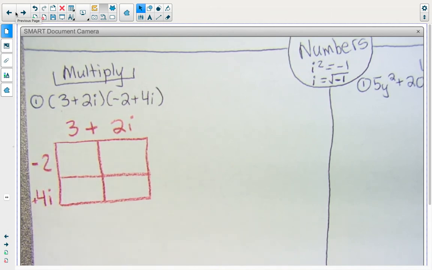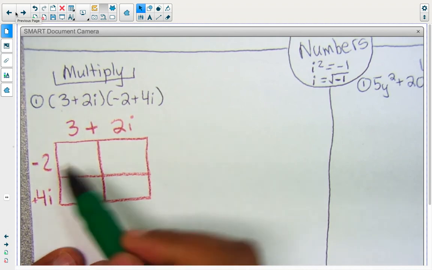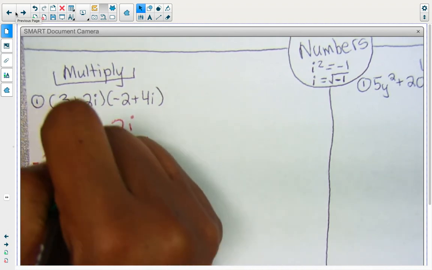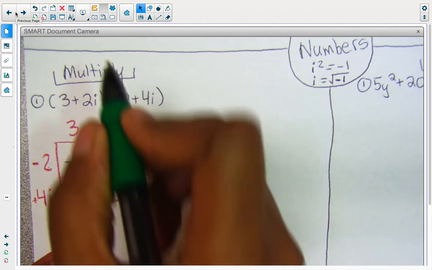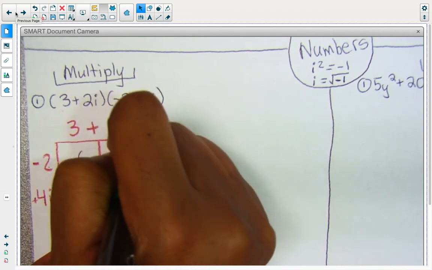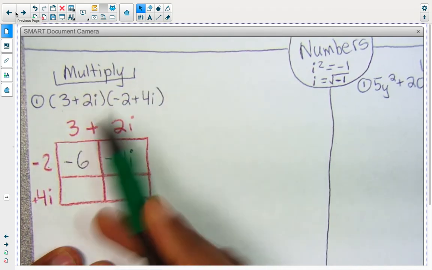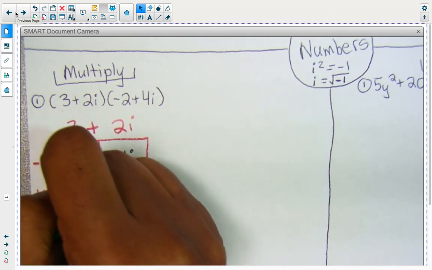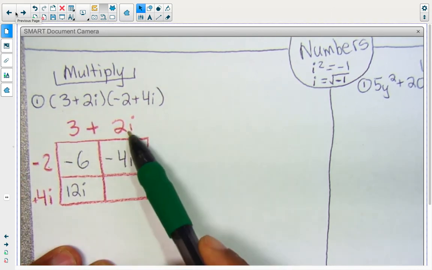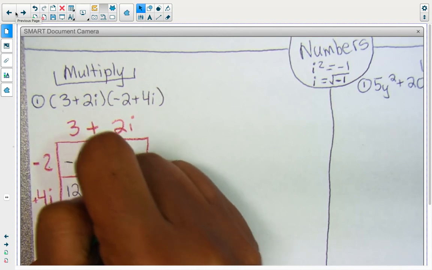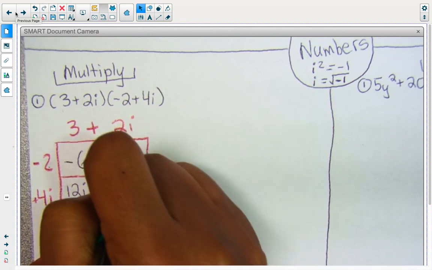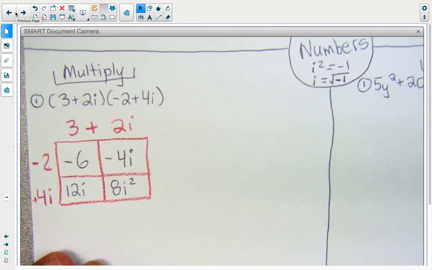So I'm doing the box method, no different than if we were doing 3 plus 2x times negative 2 plus 4x. So we're going to multiply these. Negative 2 times 3, negative 2 times 2i, 4i times 3, and 4i times 2i is 8i squared.